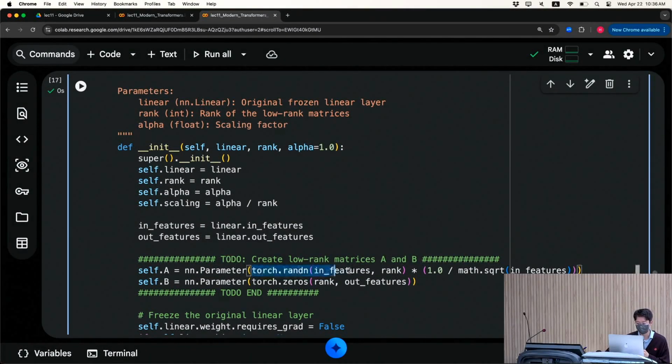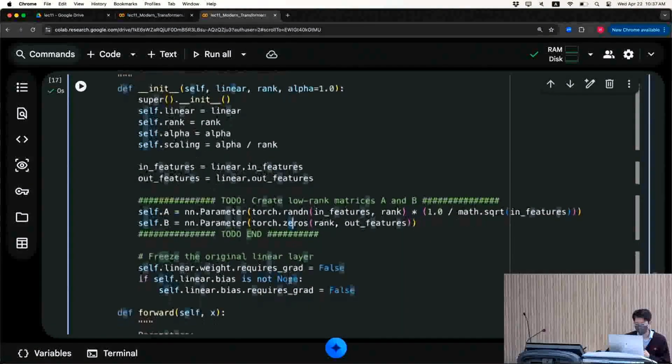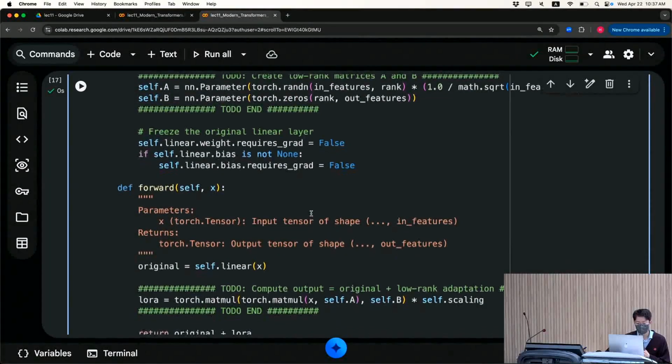So we create some random matrix divided by the square root of the input features, the input dimension, and B is initialized to all zeros to make sure, at least in the initial stage, that the forward pass is the same as computing the forward pass with the original weights. That's for initialization.